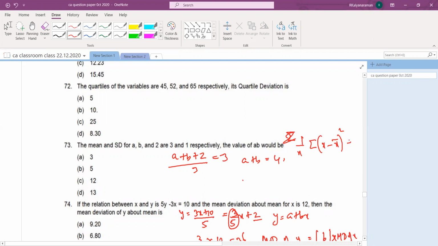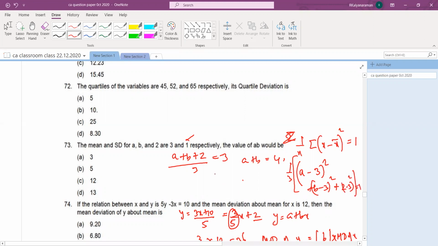This is the standard deviation, but the variance will be 1, square that you will get 1. So 3 numbers are there. It is 1 by 3 into (a minus 3) the whole square plus (b minus 3) the whole square plus (2 minus 3) the whole square. This is equal to 1.